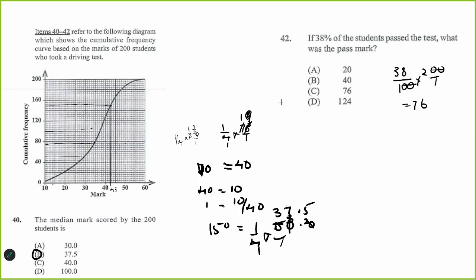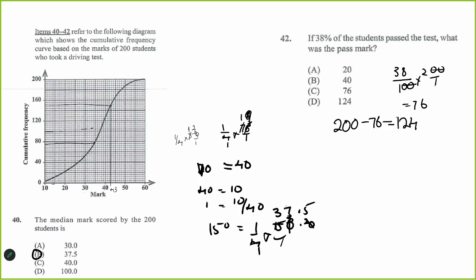Pass mark was, hold on, 5, 10, 15. So what you would have done is you would have said 200 minus 76 is equal to 124.